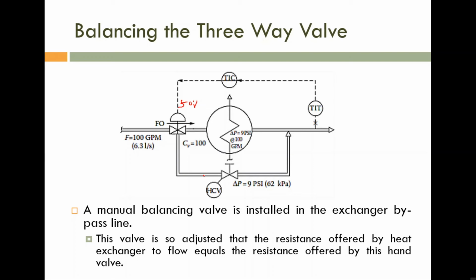We are using the balancing valve to make the system a balanced one. Why is it unbalanced? Because the heat exchanger is providing an additional resistance. So even if the three-way valve is 50% open, the flow rate will not be the same. In order to make these two flow rates the same, we are introducing an additional resistance in the bypass line by using a hand valve.